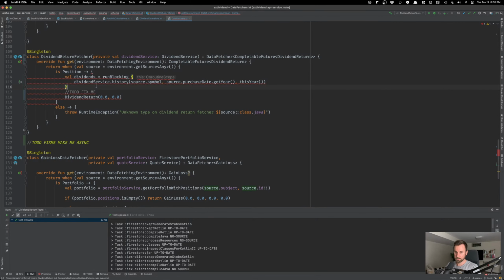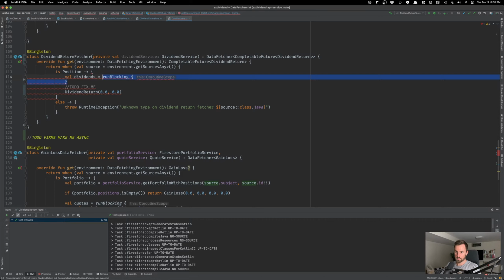And then this function, sorry, is going to be future.